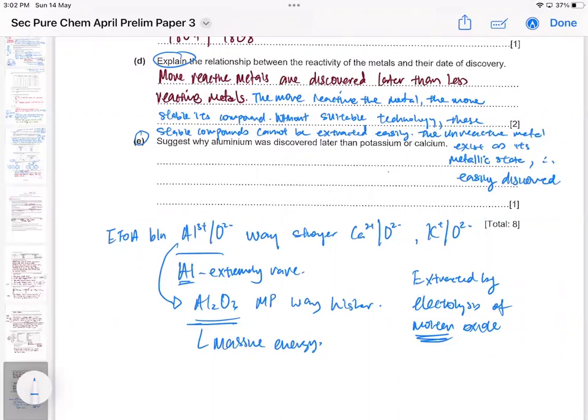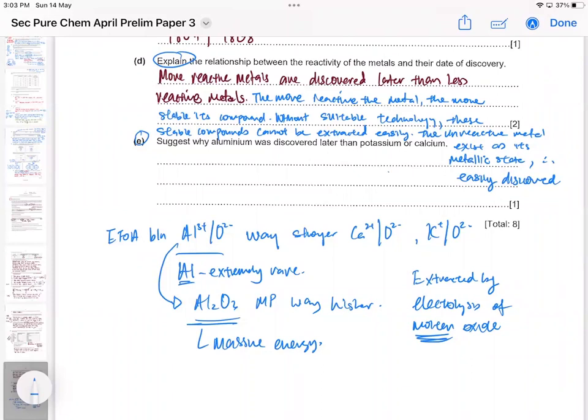Remember, the cost of extraction is the most important thing to determine the price. So suddenly 1,825 years ago, the price of aluminum plunged because somebody did something to the electrolysis setup. What do you think was done that makes it so cheap at the end of the day?